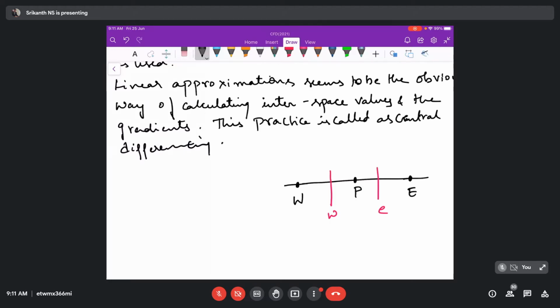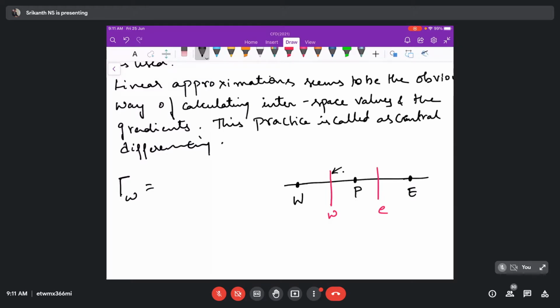Now suppose I want to find the property at the left control volume face, say gamma small w. What do I mean by gamma small w? I want the property gamma at the west face.